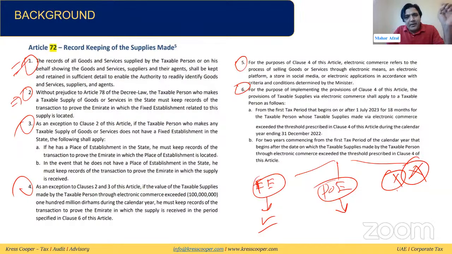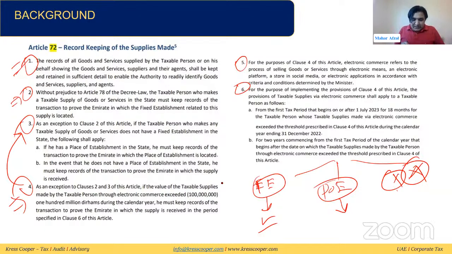In Article 72 clause 4, they have now introduced the exceptions as well. This clause 4 is the exception to clause 3 and clause 2. It says if the value of the taxable supply made by a taxable person through electronic commerce exceeded 100 million dirham during the calendar year, he must record the transaction to prove the Emirate in which the supply is being received.